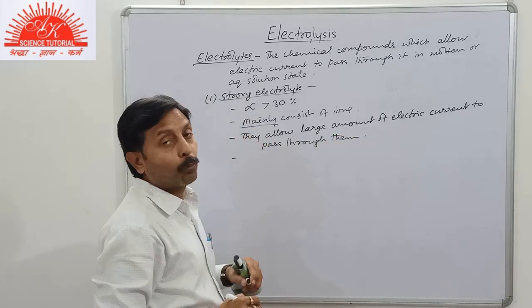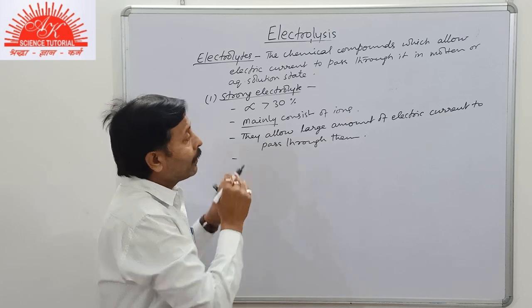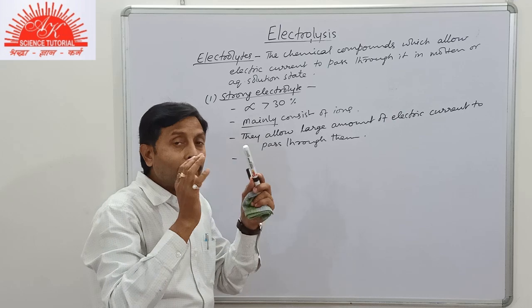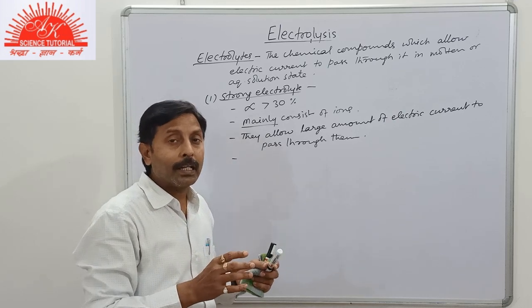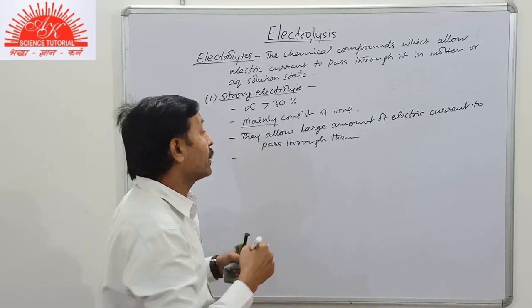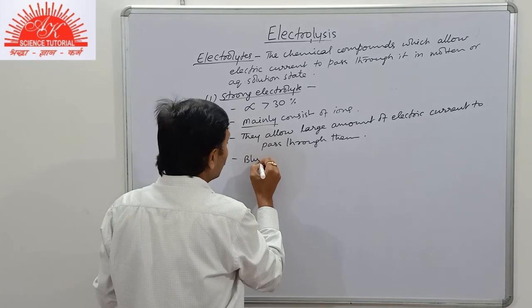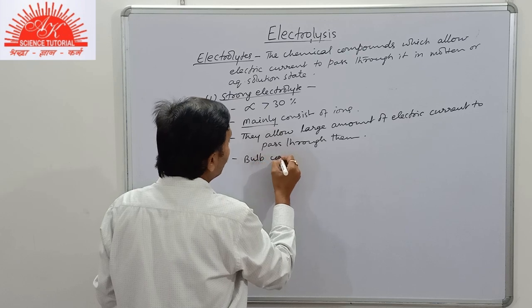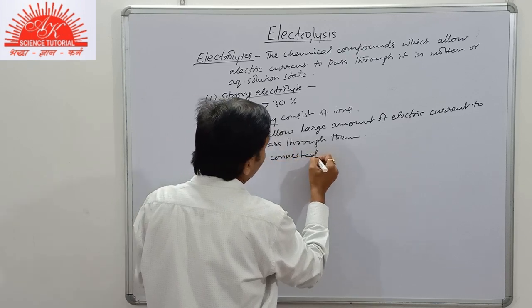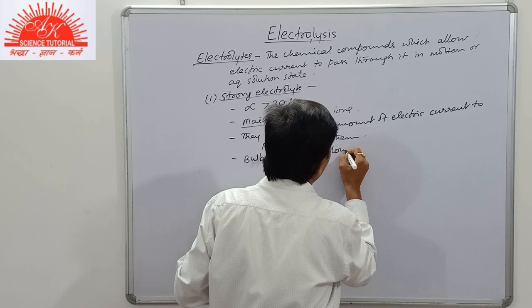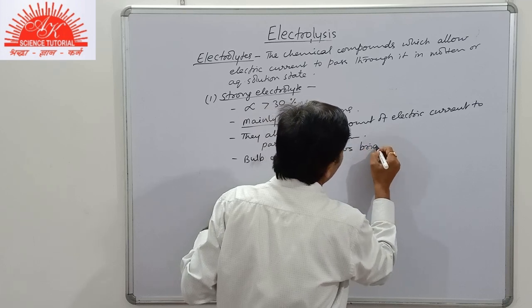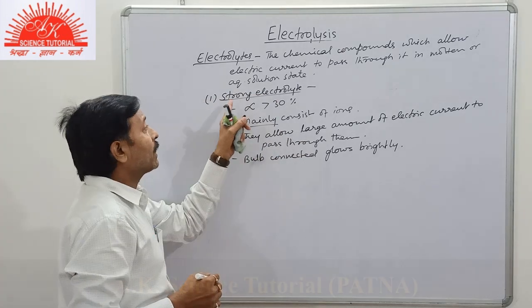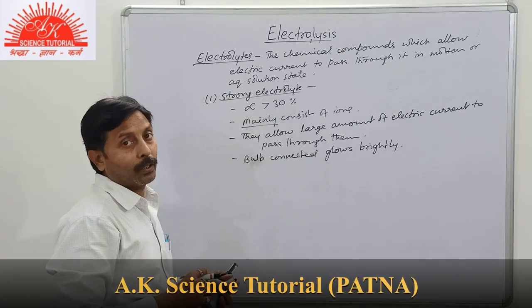And one more point: like in the previous example we had connected a bulb in the circuit, if we use a strong electrolyte in the vessel, the bulb connected glows brightly. So these are the four points explaining the strong electrolyte.